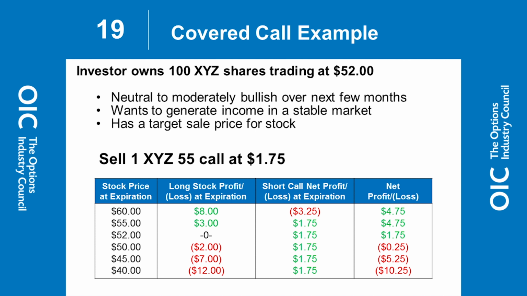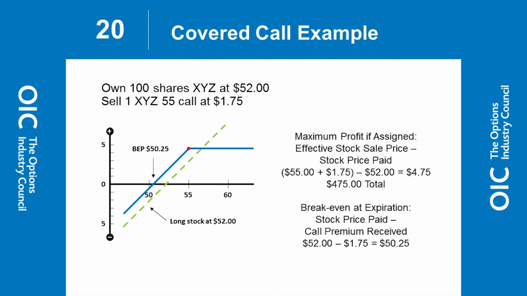And again, for those of you that are visual, let's take a look at what we have here on our graph. We're long stock at 52. We sold the 55 call at $1.75. So we know those shares are going to get called away at $55 at best. And that gives us the maximum profit if assigned.